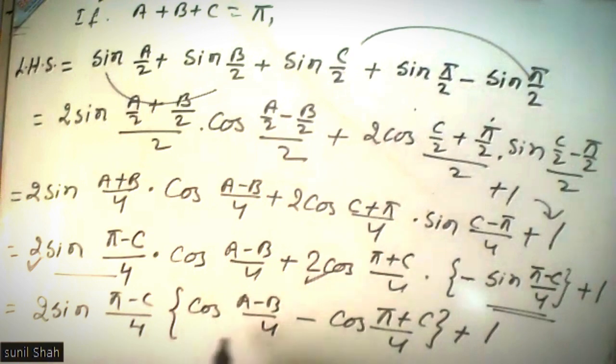Now put the formula for cos C minus cos D. Cos C minus cos D is 2 sine (C+D)/2 into sine (D-C)/2.